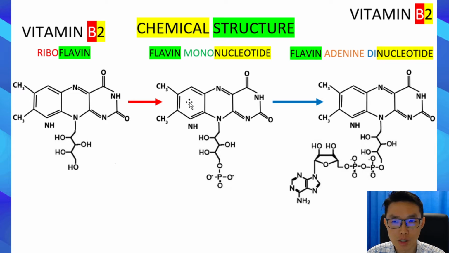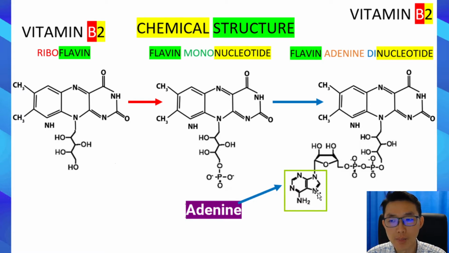It is then converted to the more active coenzyme form, flavin mononucleotide, FMN for short, which is then further converted into flavin adenine dinucleotide, or FAD for short. As you can see here, adenine is part of this FAD molecule, containing nitrogen atoms here.